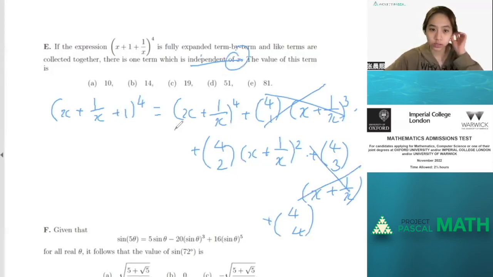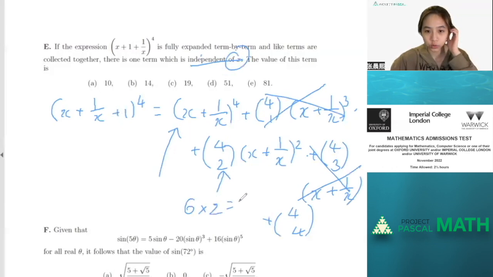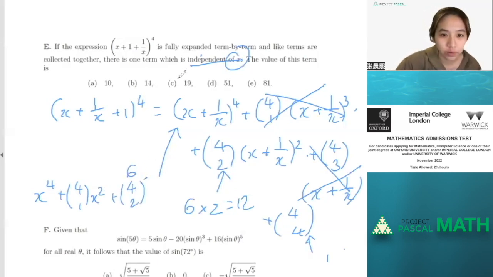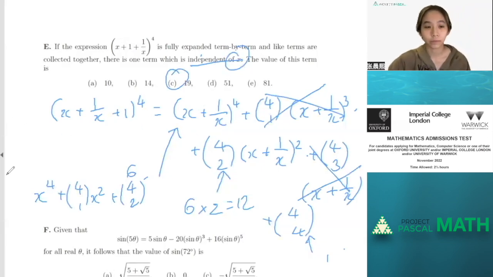And so it leaves you to consider these few cases. There's 6 times 2 here, which is 12. There's 1 here. And then for this case, it's x to the power 4 plus 4C1 x squared plus 4C2, and so this is 6. Adding everything up together, you get 19. And so the answer is C.